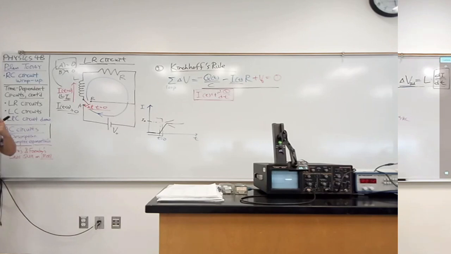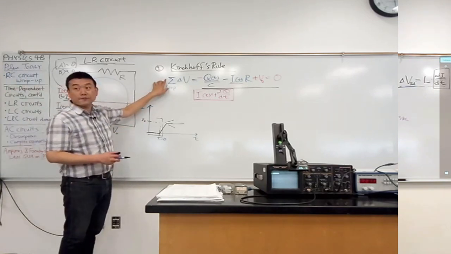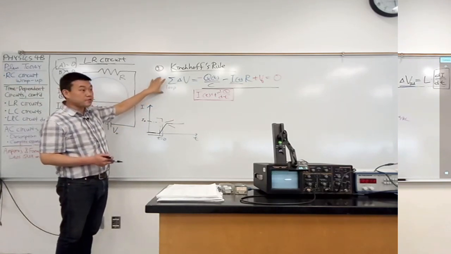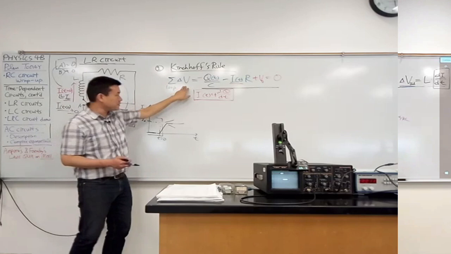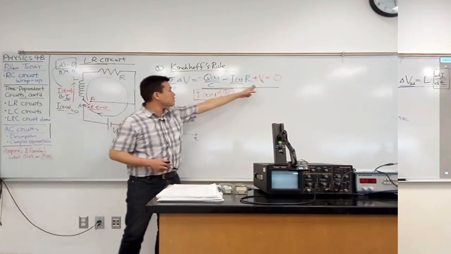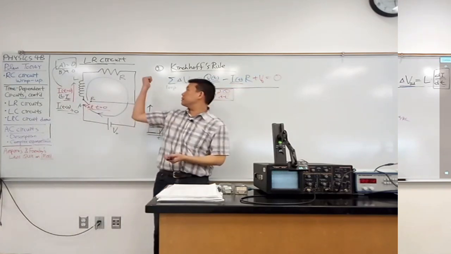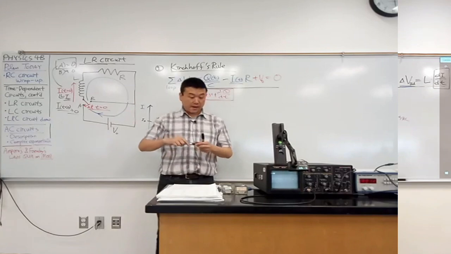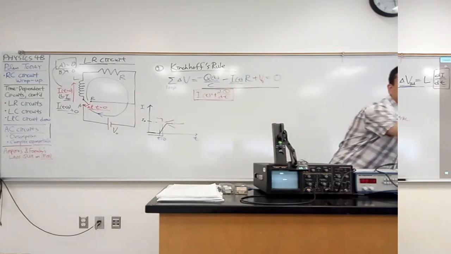Okay, any questions? No? All right, so this is the leftover from the RC circuit. So this part is the same. I'm going to change some of these terms so that it now matches my LR circuit, and I'll do that in black.